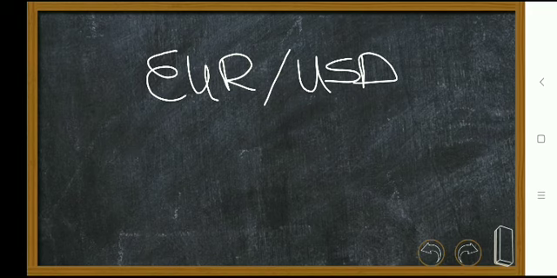That's the strategy. But before we get to that, let's focus on this. Before we get to when you should buy or sell, let's deal with the concept. Let's understand what this is. So we have Euro USD and we have a price for this currency pair.